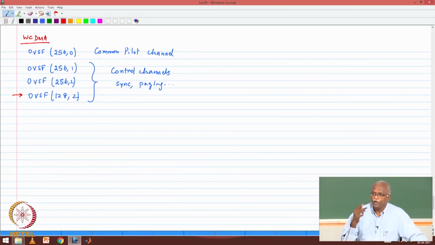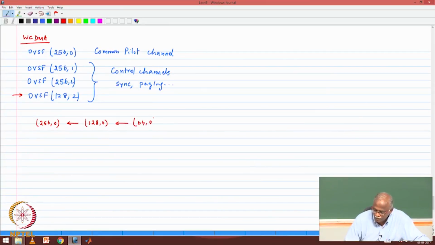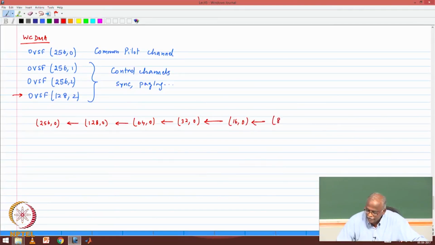Now, how do we visualize this? Okay, so this is how we visualize. 256,0, the predecessor was 128,0, and its predecessor was 64,0, then 32,0, then 16,0, 8,0, 4,0.